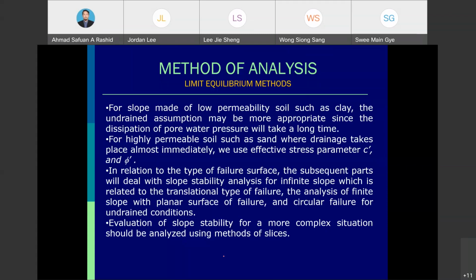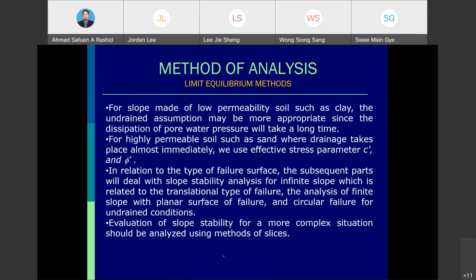Otherwise, I need to do some adjustment on the slope angle, or make, for example, some reinforcement or treatment, to increase the factor of safety value.